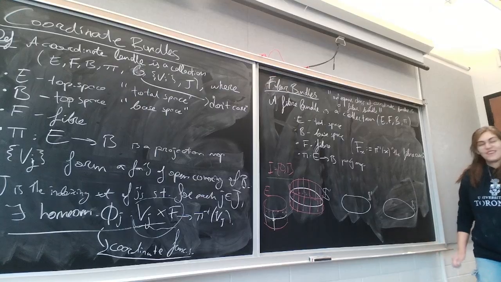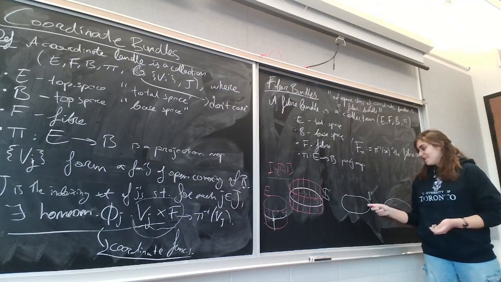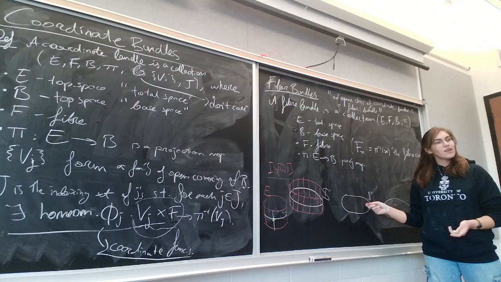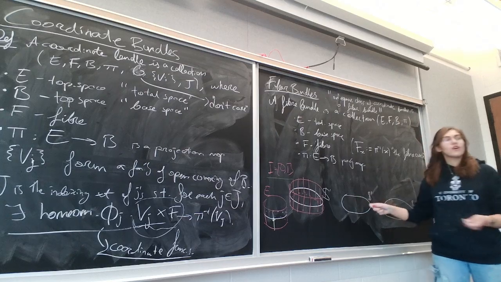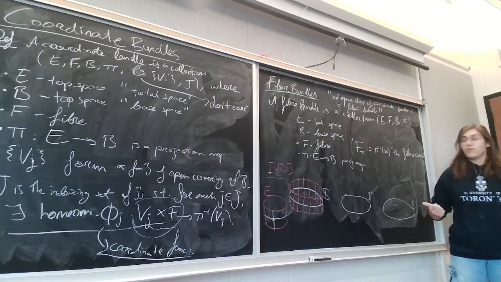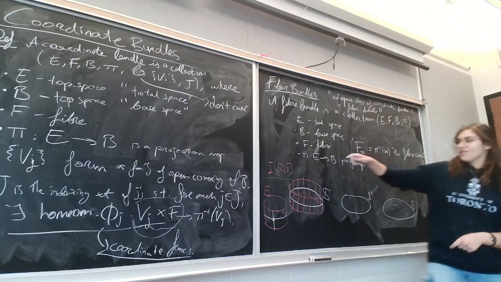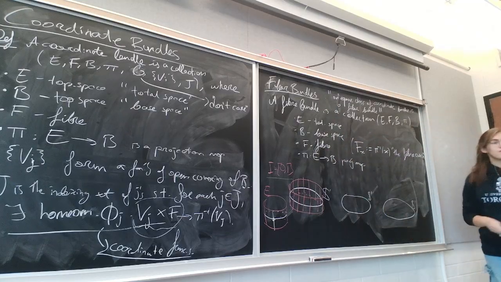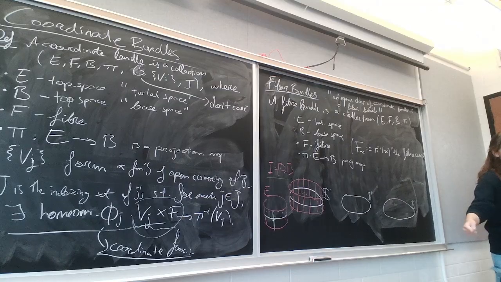You mean like stick all the lines in the middle, covering all the S? Yeah, we have to cover all the S. For every point in S, we have to stick the fiber somehow, because the definition implies that if you take the pre-image at any point, it should be homeomorphic to the fiber, which means that you stick the fiber somehow to that point.